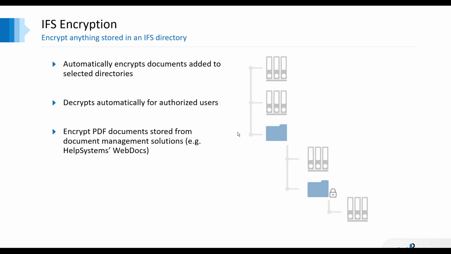And it gives you the flexibility and the benefit of being able to encrypt PDF documents that are stored from any of your document management solutions, for example, our Help Systems Web Docs. So, easy protection over those files once they're in that printed format.